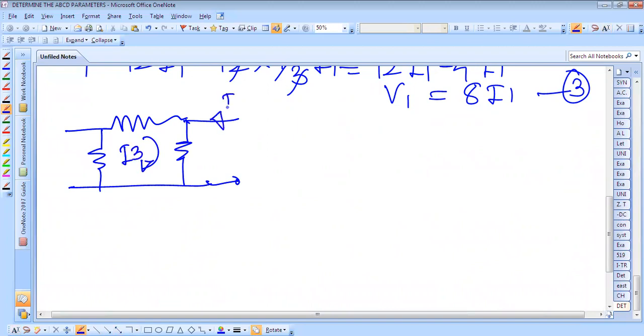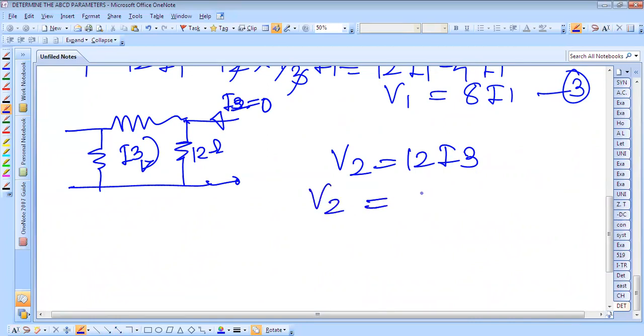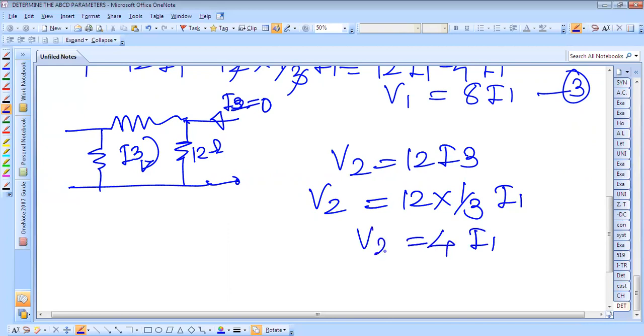This I2 is 0 now, so I2 is here 0, and therefore this is a 12 ohm. If you calculate voltage across this, suppose V2, it is 12 times I3. Therefore we have to put here again the value of I3. We have got I3 is equal to 1/3 of I1. So again it is 4 I1, V2.